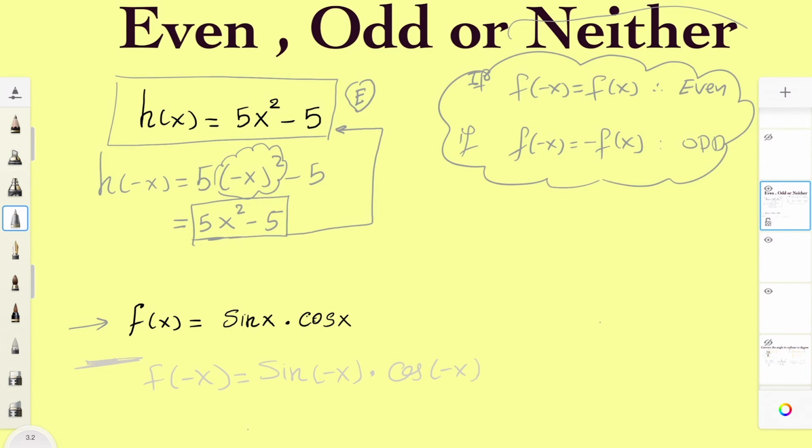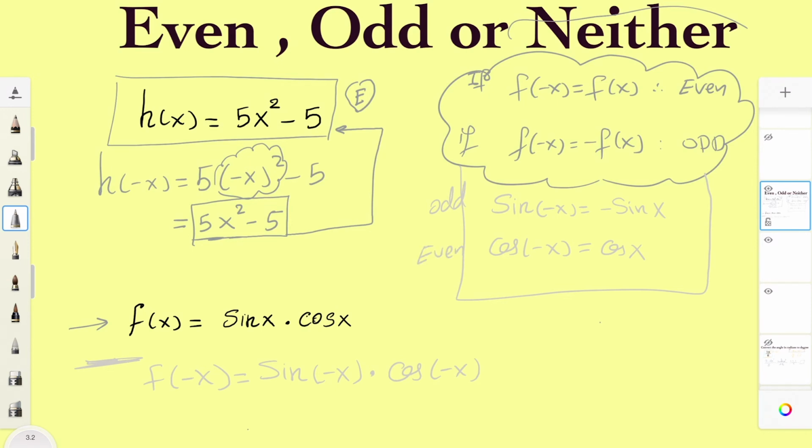We know that sine is an odd function. Sine of negative x equal to negative sine of x, and cosine of negative x equal to cosine of x. Sine is odd and cosine is even. We know it through the graph.